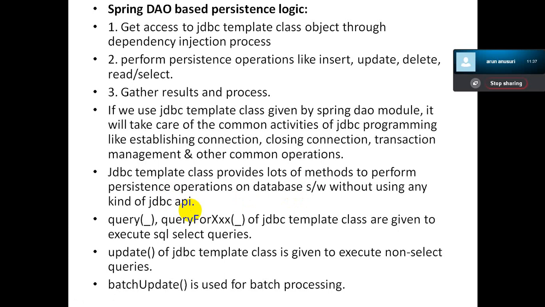Without using that, we do our JDBC CRUD operations. The query and queryForX methods are the two we use for retrieving data, that is, for select queries. The update method is for non-select queries. Batch update is used for batch processing.